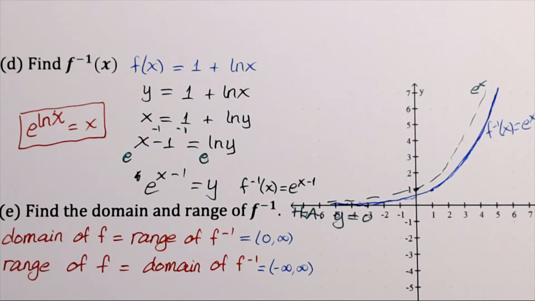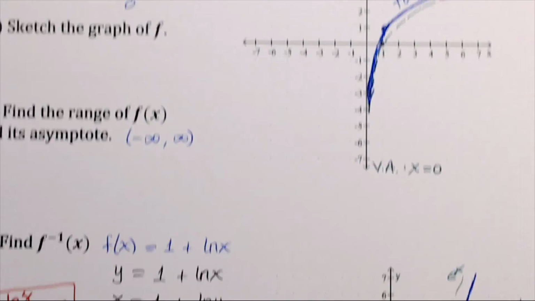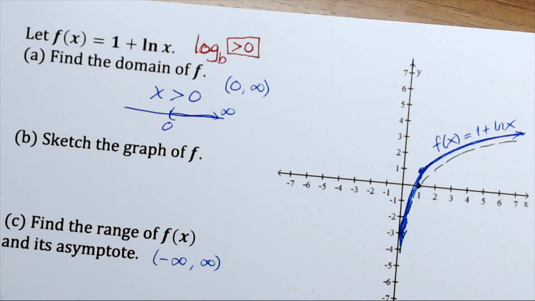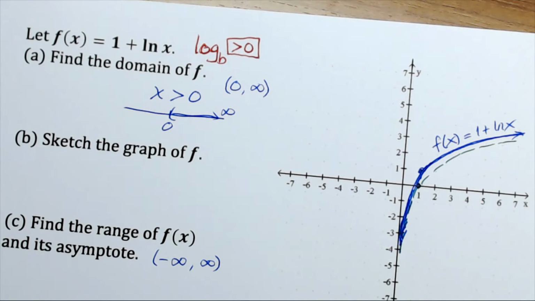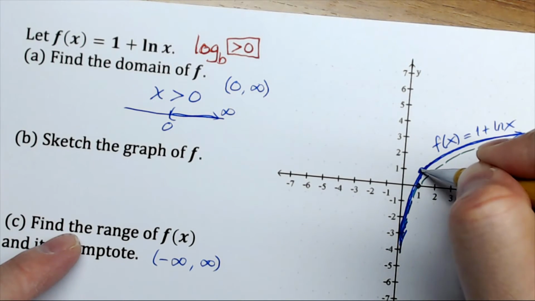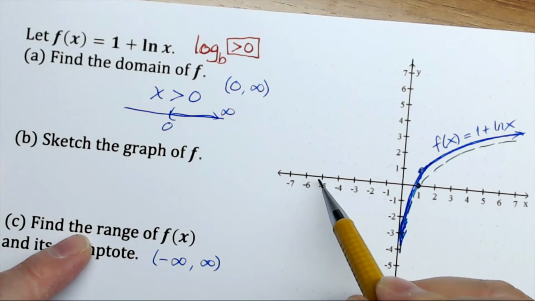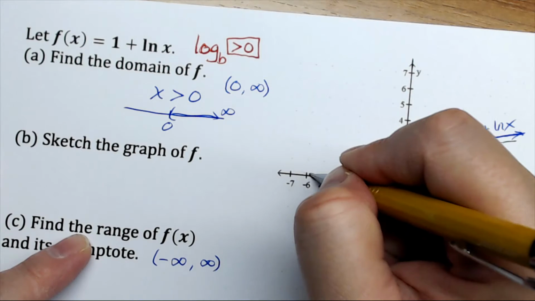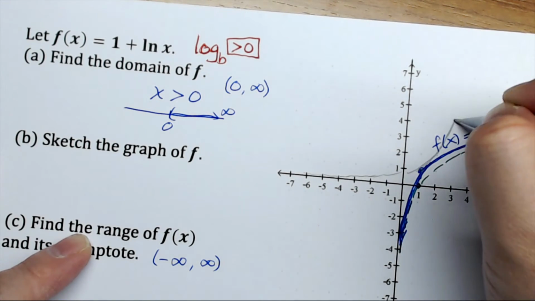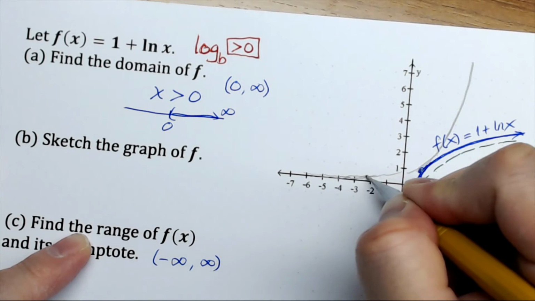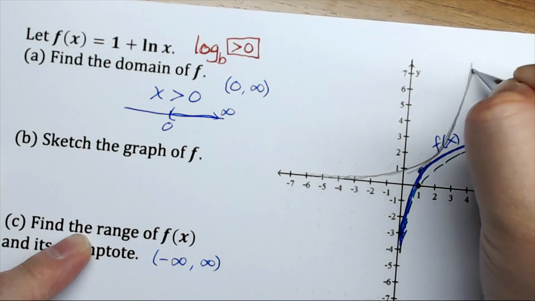Just one more thing though. If we're going to graph the inverse and the function on the same coordinate system, I'm going to do that in pencil here. Go to the point (1, 1).